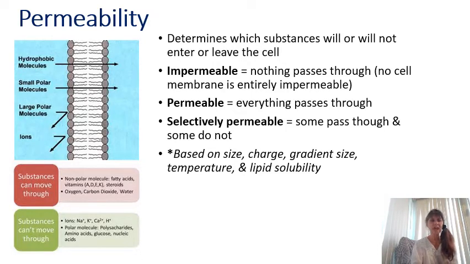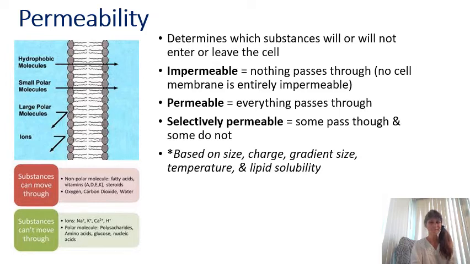So if we look at substances that can move through our phospholipid bilayer, that includes nonpolar molecules because they're fat soluble, so fatty acids. Certain vitamins are fat soluble. That includes A, D, E, and K. Steroid molecules can pass through the phospholipid bilayer. So cholesterol could pass through.